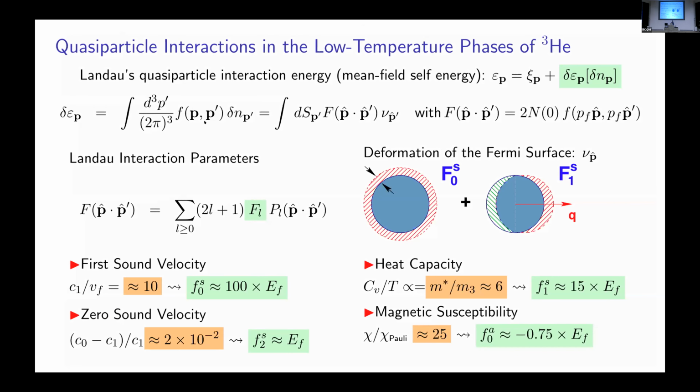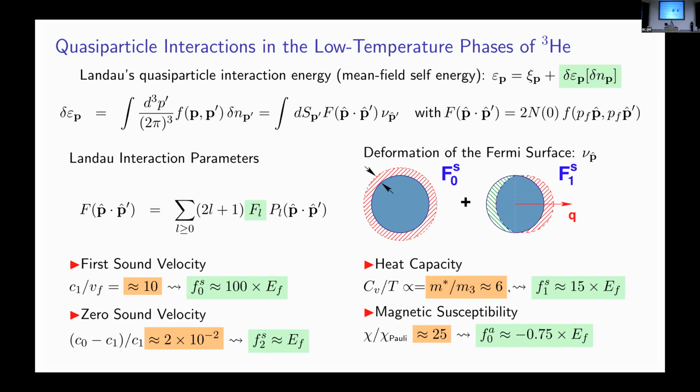When we actually determine how big these interactions are, they're huge. For example, we know from sound velocity that the L equals 0 component of this interaction is roughly 100 times the Fermi energy. So in the context of what Chimal was talking about, U is about 100 times the bandwidth. The effective mass is large.